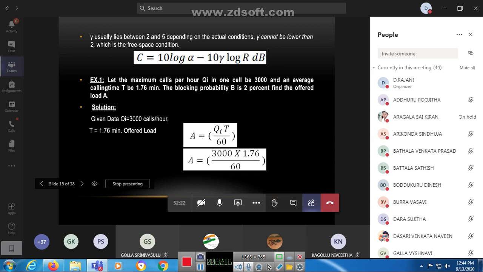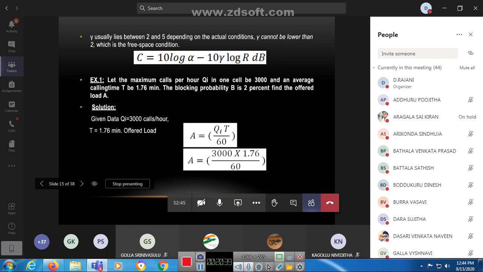You can take C is equal to 10 log alpha minus 10 gamma log R, in decibels. So likewise we can take the mathematical expressions. We are using two different antennas and two different distances for the frequency signals.